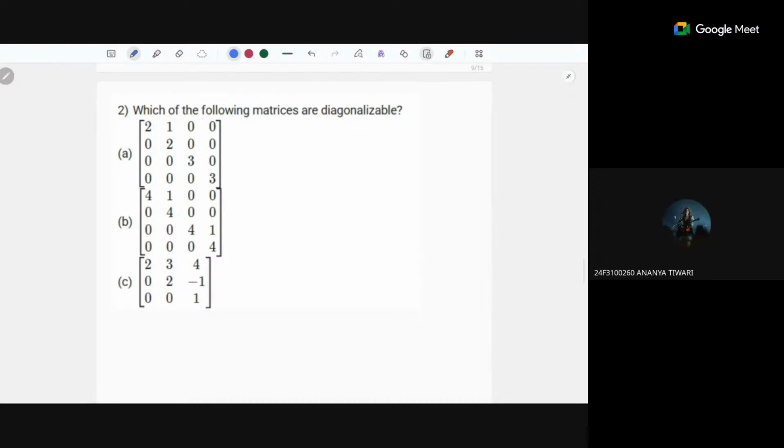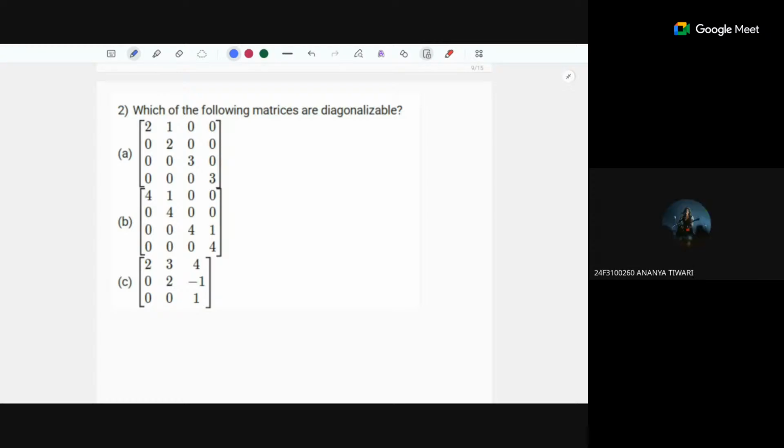No. Why? Because we will have geometric multiplicity 1 for which eigenvalue? I think for 2 and 3 both. No. For 3, we will have geometric multiplicity equal to 2. But for 2, we will have geometric multiplicity equal to 1.